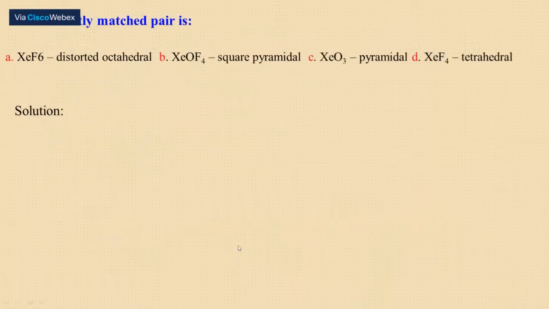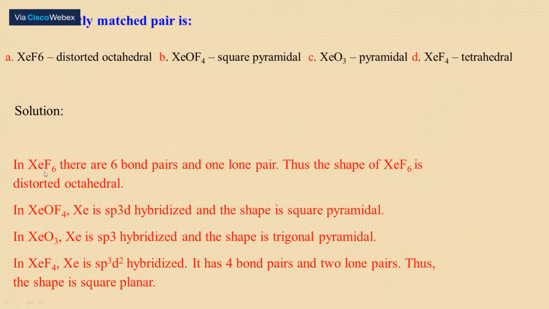Next question. The incorrectly matched pair is: the first pair is XeF6, which has a distorted octahedral structure, XeOF4 square pyramidal, XeO3 pyramidal structure, XeF4 tetrahedral. And the solution is, in XeF6 there are 6 bond pairs and 1 lone pair.